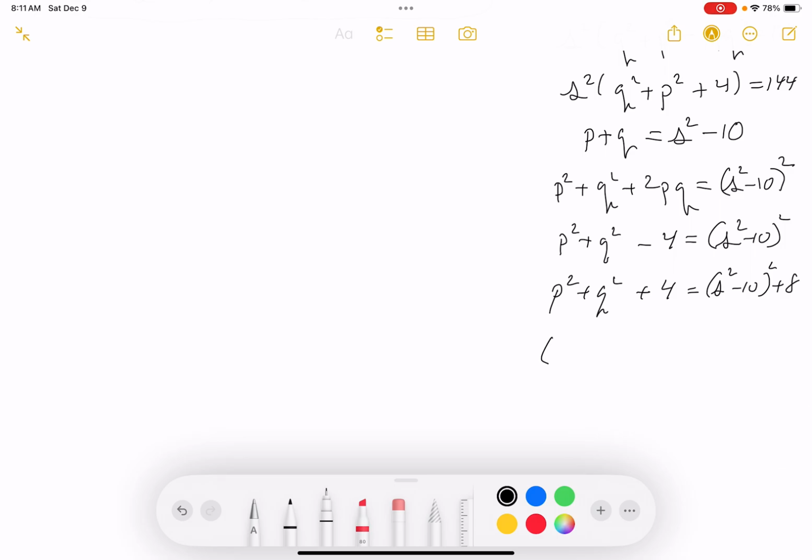Let's put that down. So s squared, p squared, plus q squared, plus 4 equals, I'm getting close, aren't I? So this is going to be s squared minus 10 squared plus 8s squared.